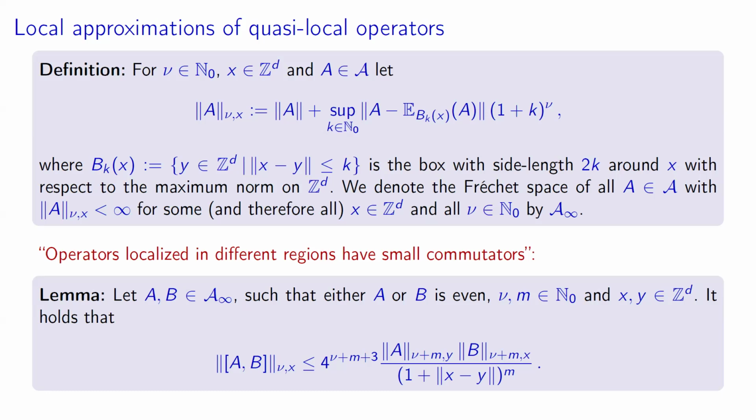So this will actually grow like y to the nu plus m if you move it. So this is only a good bound if you know that A is localized near Y and B is localized near X, and these things are not too big. It's always valid, but not very interesting if you take limits. But thanks for the question.